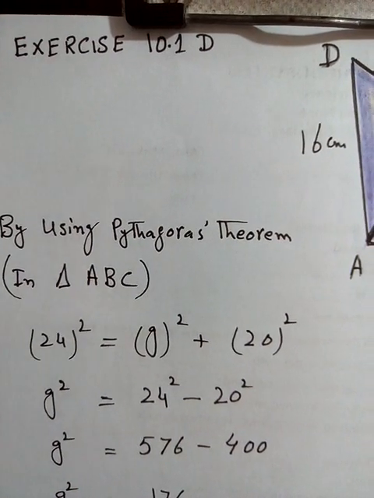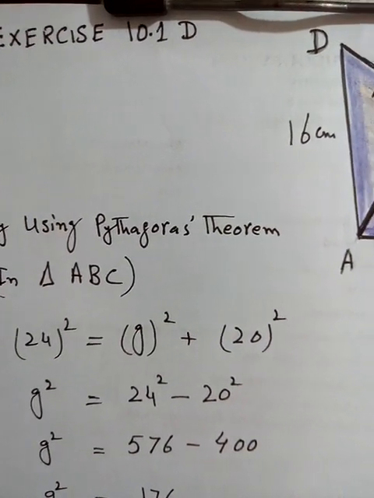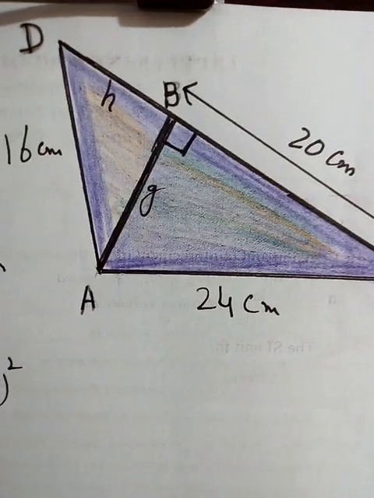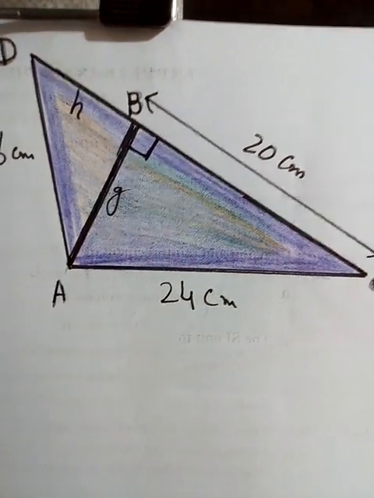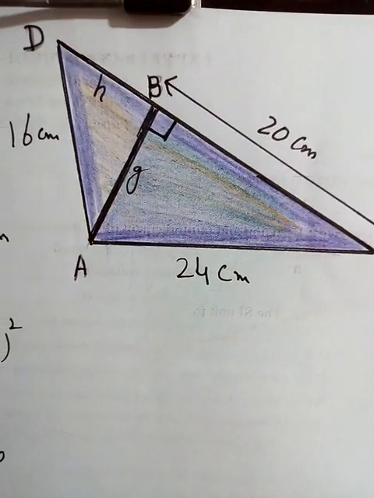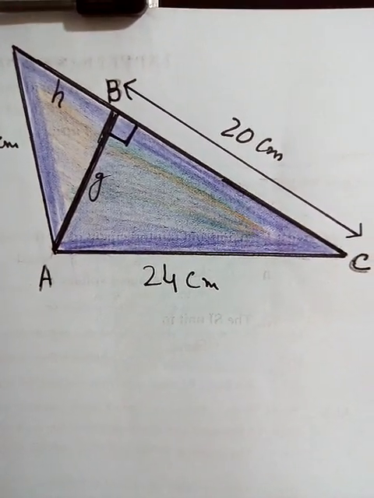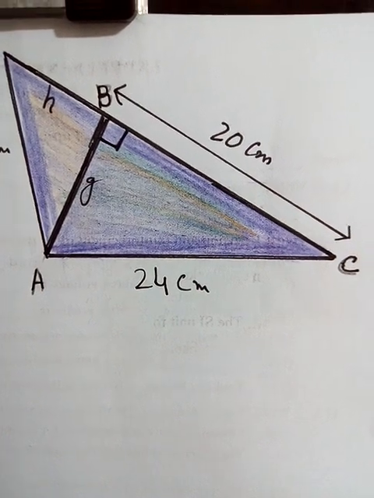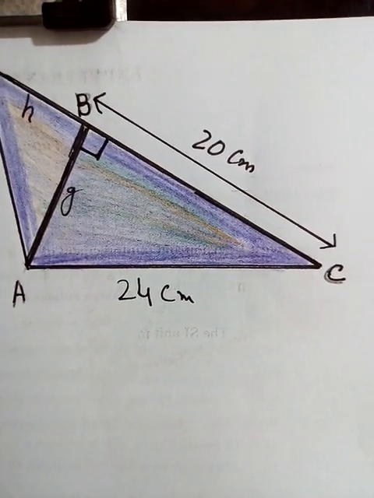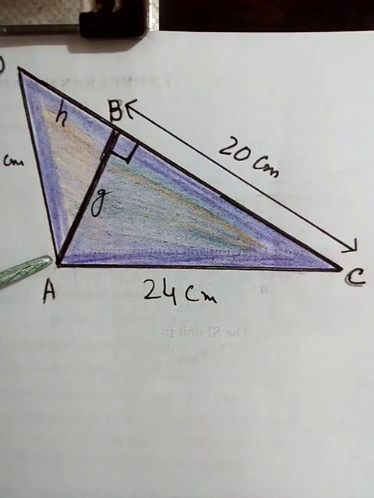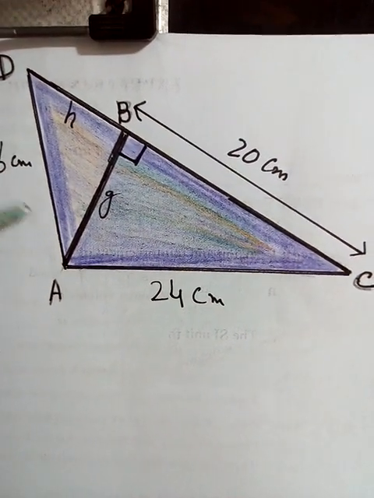Now exercise number 10.1D. In this diagram, in this question, this triangle is a combination of two triangles also.